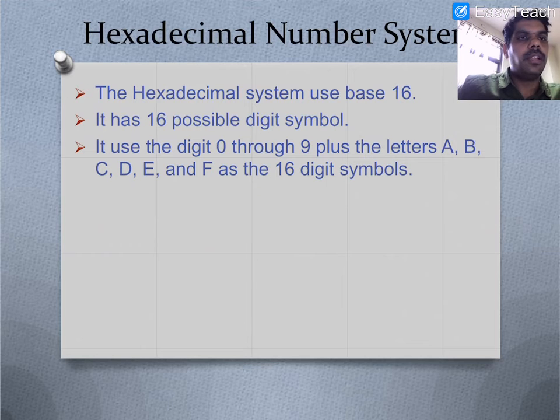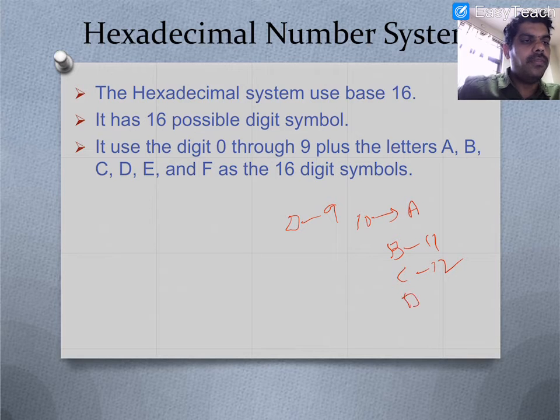And hexadecimal means 0 to 9 numbers we are going to use, and 10 is represented with A, B for 11, C for 12, D for 13, E for 14, F for 15.